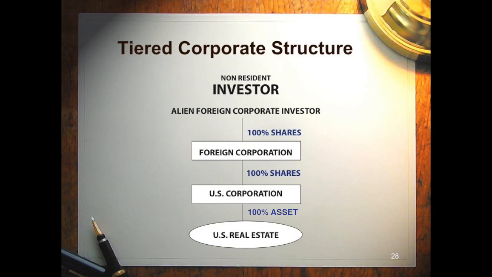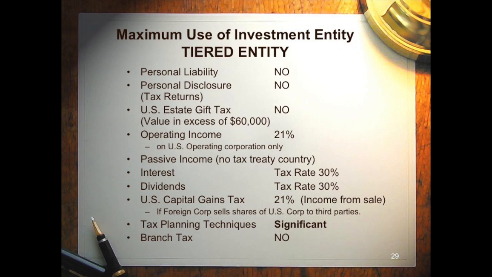When you do have a tiered entity, meaning a foreign corporation owning a U.S. corporation, owning the real estate, you do have limited personal liability on several limits, limited personal disclosure, that's seven junctures, no U.S. estate and gift tax because there's no transfer of anything related to the United States, a 21% operating income tax, which, as I mentioned, increases the profitability of those people who have assets in the United States, real estate that they've held for years.